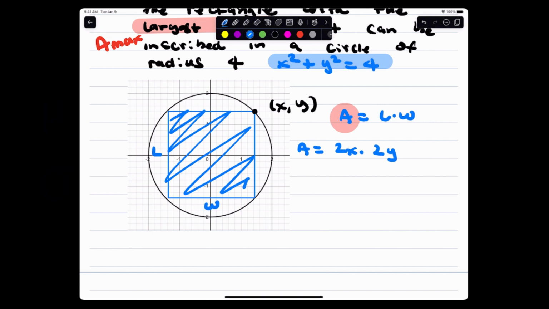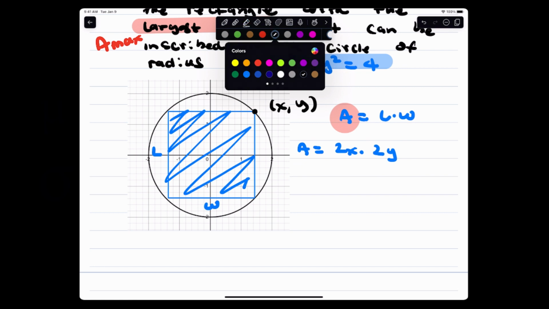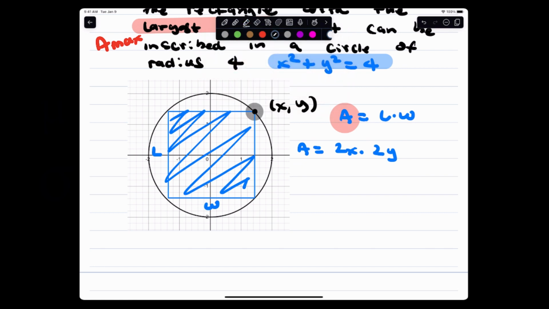Width. You guys okay with that? So if I label this point, that means this distance is what? X. Is that true? And this distance is what? X.